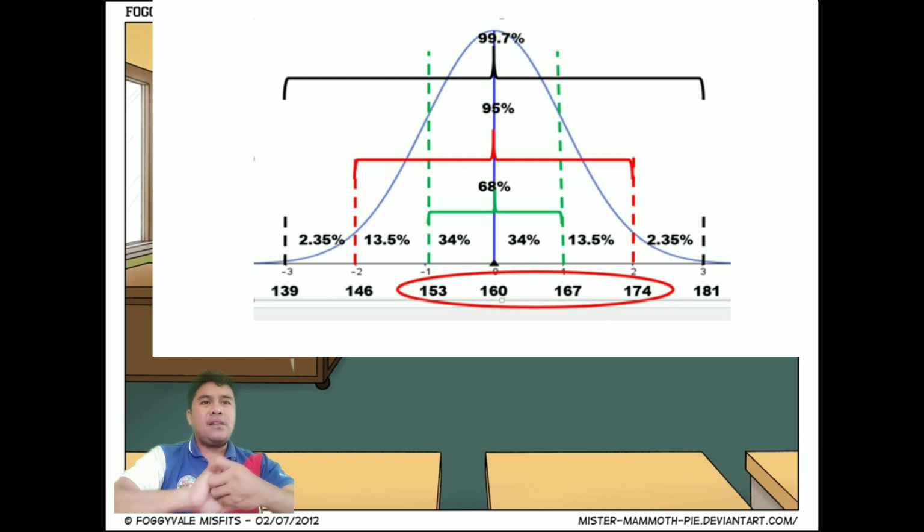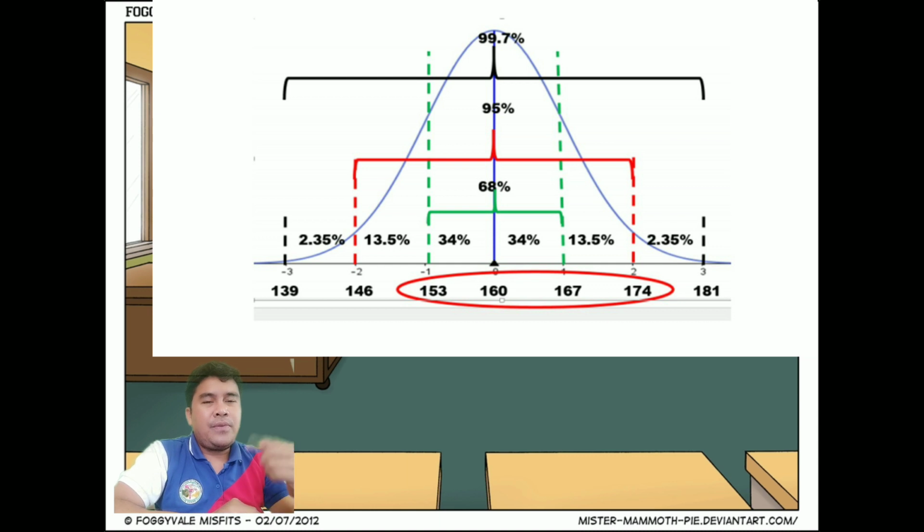As stated in the above diagram, 153 falls at 1 standard deviation from the mean to the left of the center, and the height of 174 falls at 2 standard deviations from the mean to the right. Therefore, it covers the whole 68% and 13.5%.